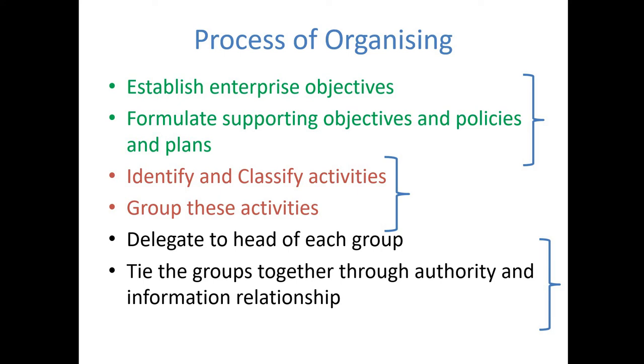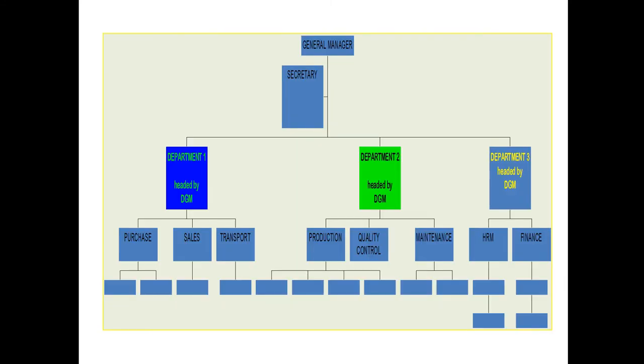What we started here is that based on these enterprise objectives, we have identified and classified activities and we have also grouped them. And we delegated to the head of each group and we tied the group together through authority and information relationship.